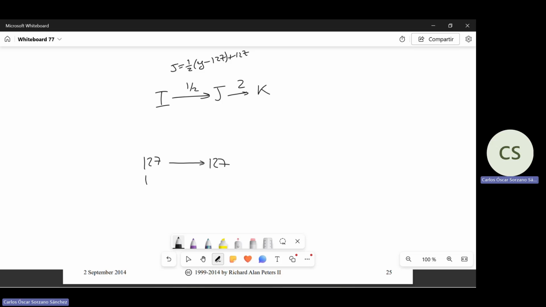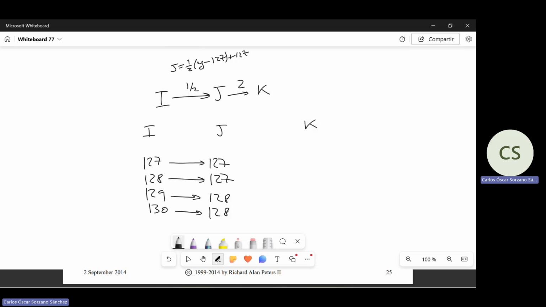Let's see what happens with 128. The difference is 1, 1 divided by 2 is 1/2, and then I would have 127.5. But let's say that my operation is rounding down. So I have again 127. And then what happens with this one? The difference is 2, divided by 2 is 1, then I get 128, and you could construct the whole table. Okay, so this is I, this is J.